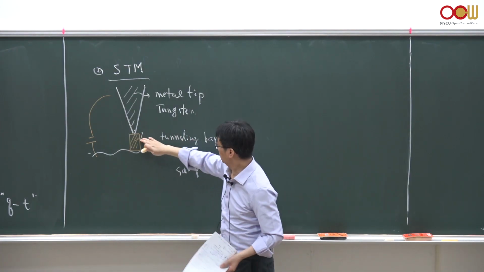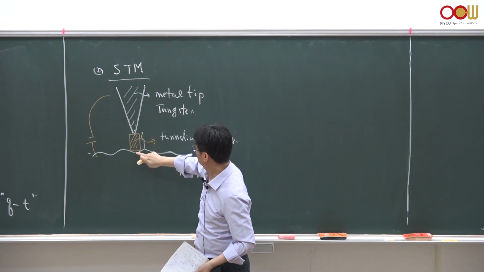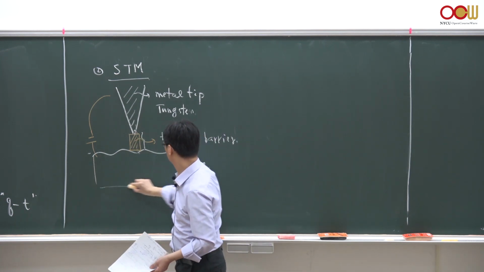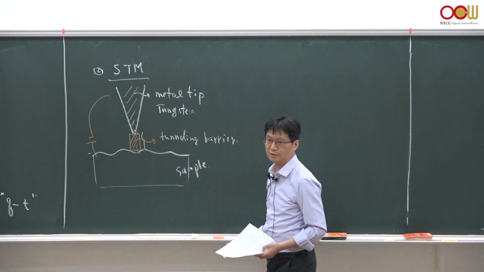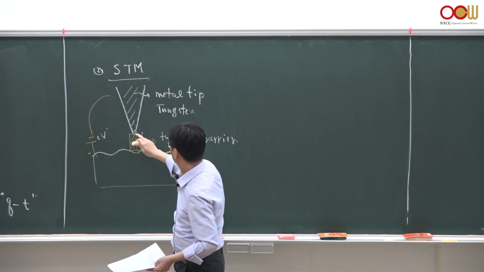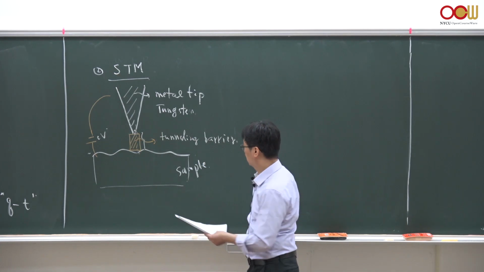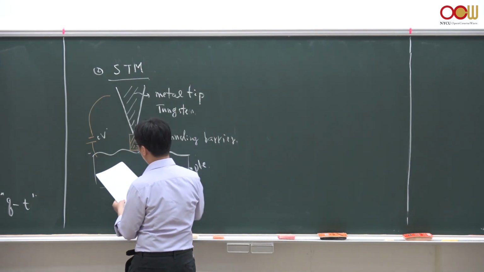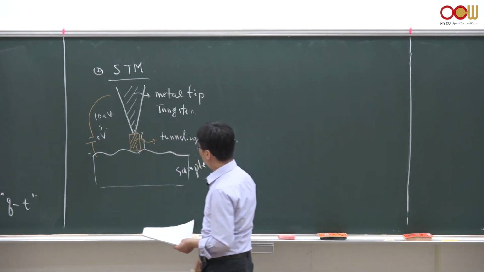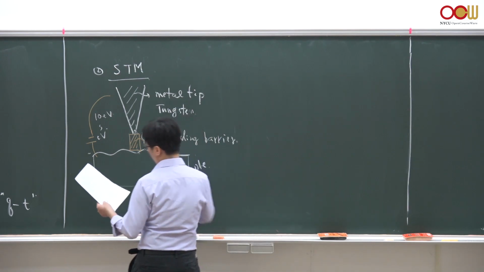You can consider that electrons are injected from the tip to the surface through this tunneling barrier. If you don't apply the voltage bias, electrons cannot move. But if you apply a very small voltage bias, like 10 electron volts, it's very, very small, and the distance between the tip and the surface can be as small as 5 angstrom.